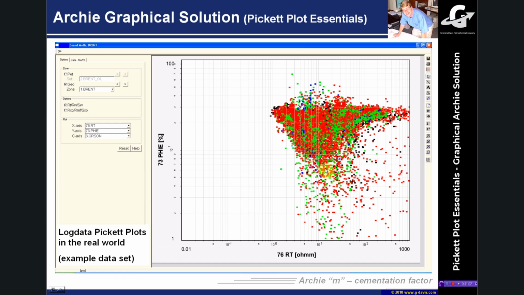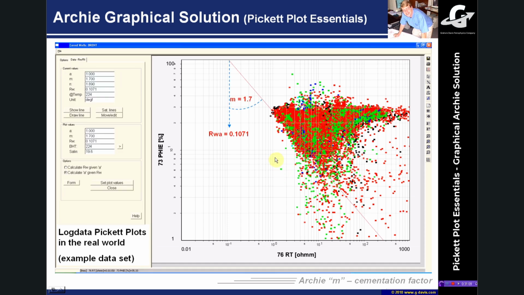And indeed we can put a line through there with our Archie M, so we can put a line to the southwest corner, the most conductive parts, and say, well, that's most likely to be the 100% water bearing rock. And up here you'll have the hydrocarbon signal coming through, so for the same porosity, elevated resistivity, that's hydrocarbon.